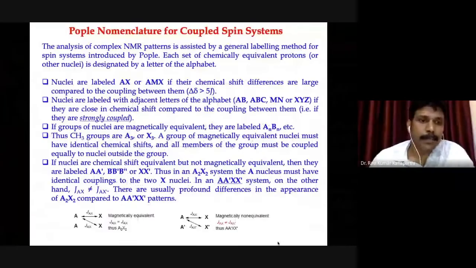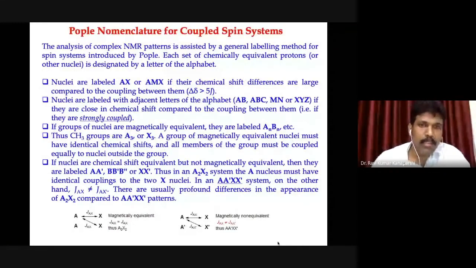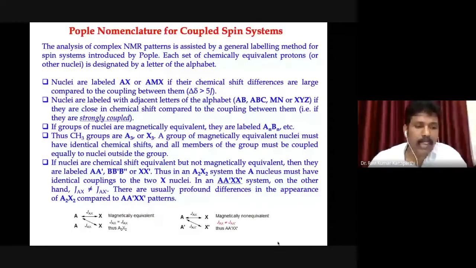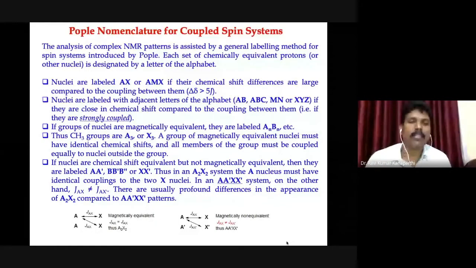Well, the Pople nomenclature is very common in NMR spectroscopy. Pople is one of the nice theoretical chemists. He has done a lot of work in the field of theoretical chemistry and computational chemistry, and he has given a nomenclature for the different spin systems in NMR spectroscopy.